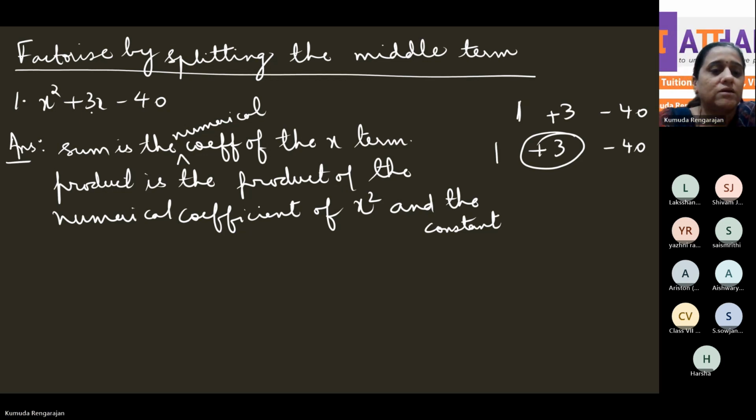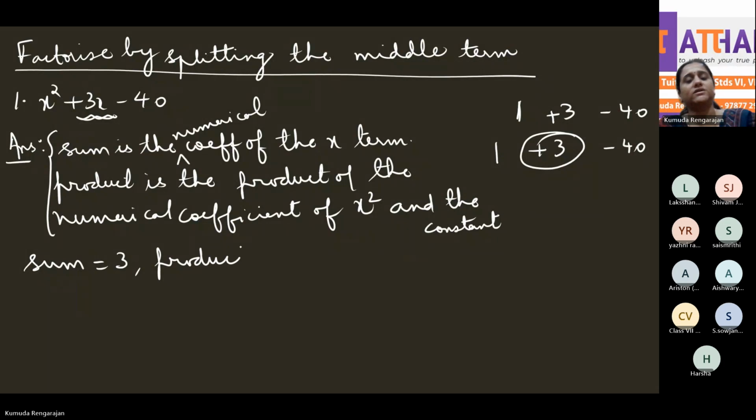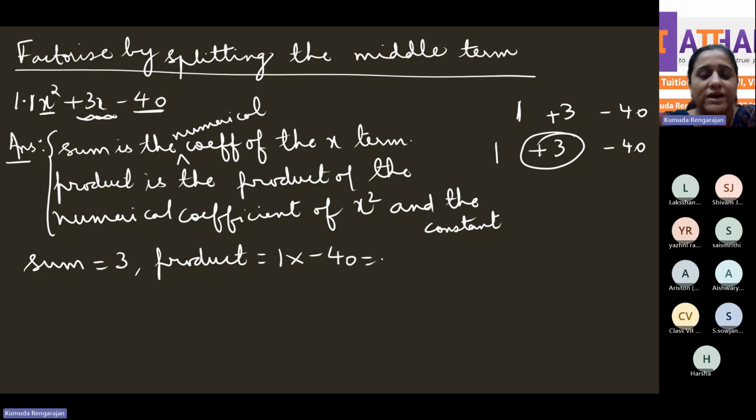You don't have to write this for every answer. So what is the sum? It is the coefficient of x, the numerical coefficient, 3. So that is the sum. What's the product? The product is the coefficient of x square, that is 1, and the constant, 1 into minus 40, which is minus 40.